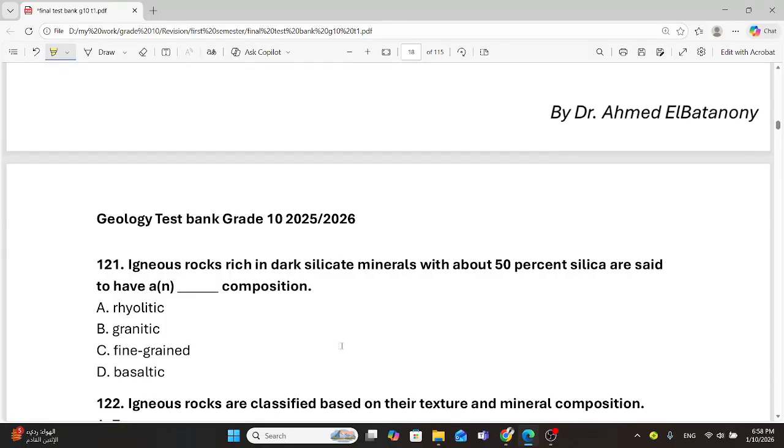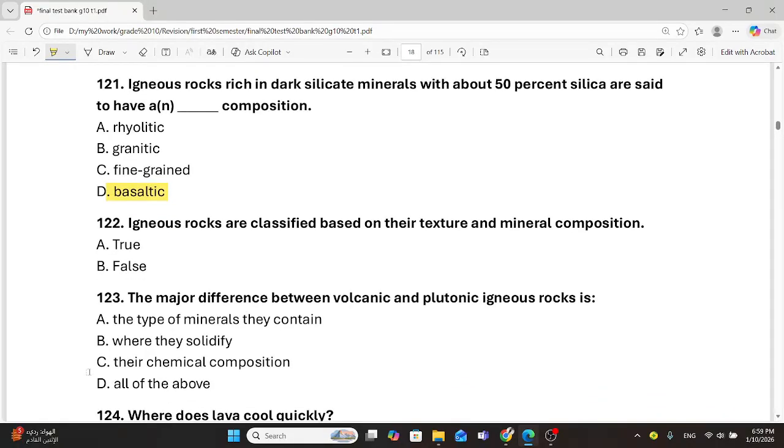Igneous rock rich in dark silicate minerals with about 50% silica is said to have a basaltic composition, not rhyolitic, not granitic. Igneous rocks are classified based on their texture and mineral composition.